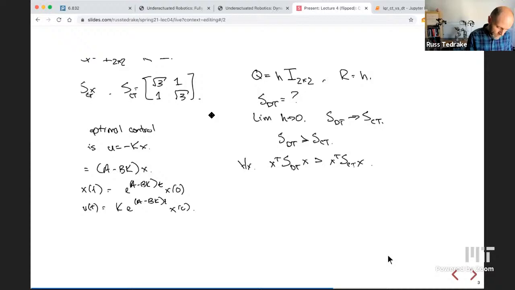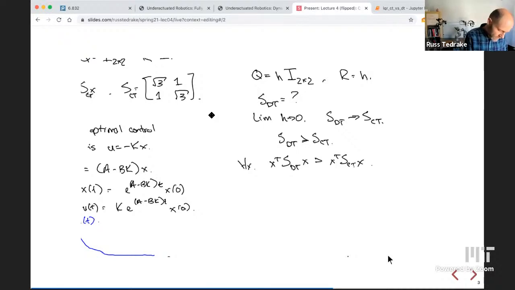So basically the picture you should have in your head here is that if I look at time and I look at the continuous time convergence from some initial condition for a quadratic cost, it's going to be pretty simple, right? It's going to be some sort of quadratic decay to 0. Okay, this is u as a function of time.